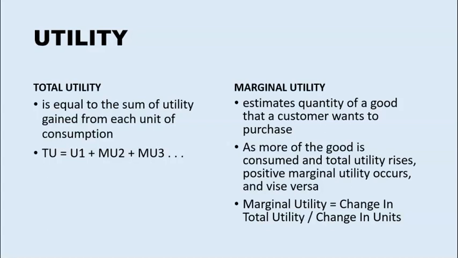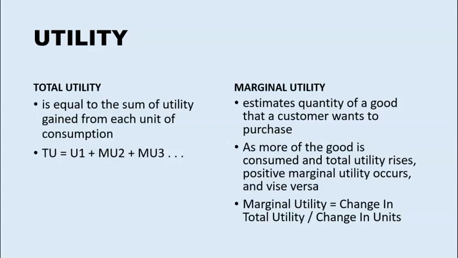So let's take a look at total utility. Total utility is the sum of satisfaction that a person can receive from the consumption or use of all units of a specific product or service. So if you add up all of the marginal utility, you get total utility. So what is marginal utility?